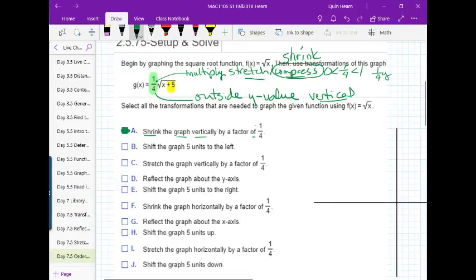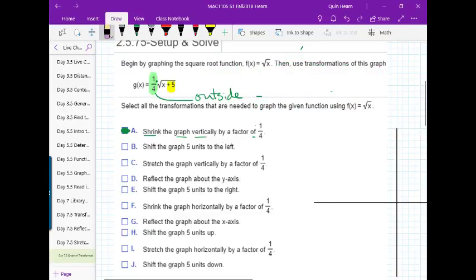Now, what does it mean when you are adding 5 inside of the function? Okay, so adding 5 inside the function, first of all, since it's inside the function, under the square root, you want to think, is it affecting the x-coordinate or the y-coordinate?